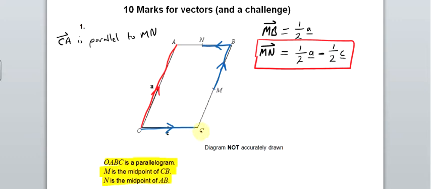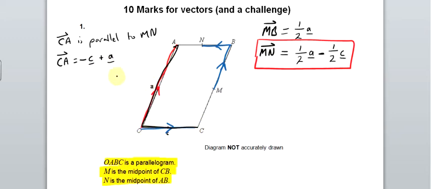So the easiest way to go from C to A is simply to go along here and then up there. So very straightforward. CA is equal to minus C, because it's in the opposite direction to C, and then plus A, because it's in the positive A direction. So we went from there to there.